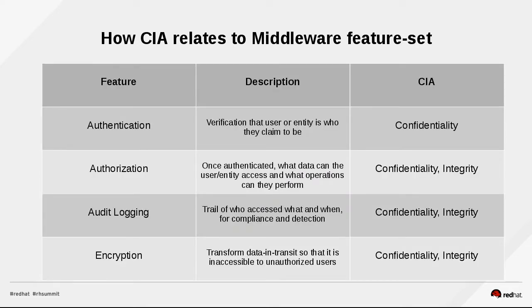And how do we translate these 3 properties that we want in our InfoSec? How do we map these at a high level logically into features that you would expect from a middleware product feature set? So for example, authentication, and that basically is about verifying the identity of the user or the entity, that they are indeed who they claim to be.